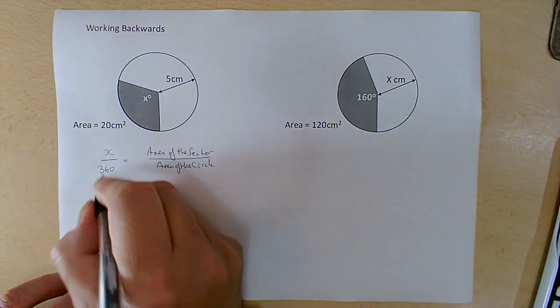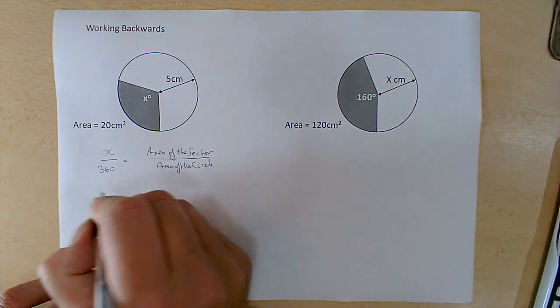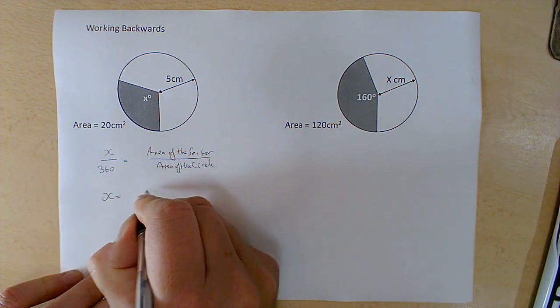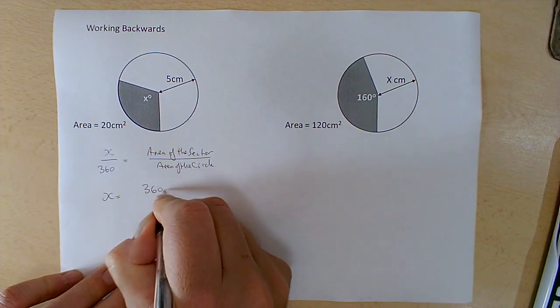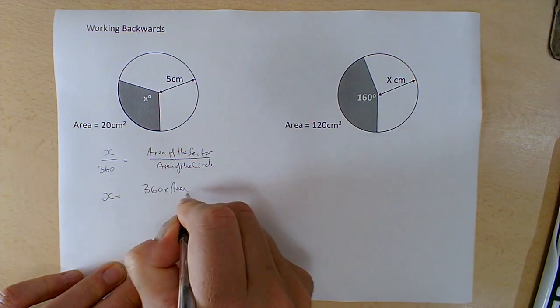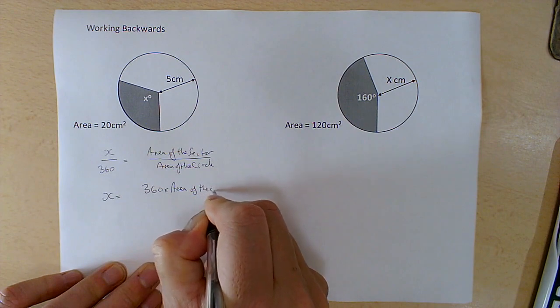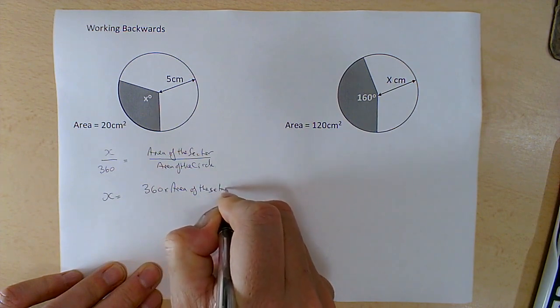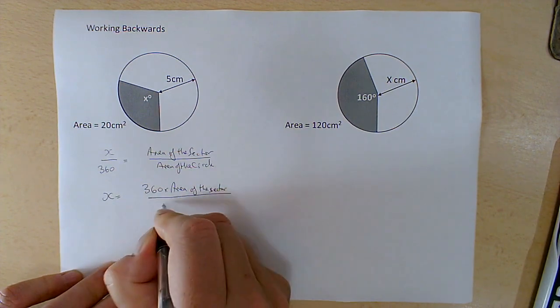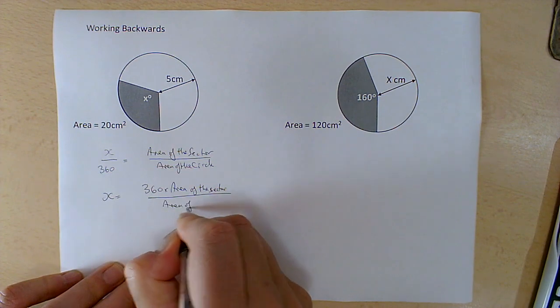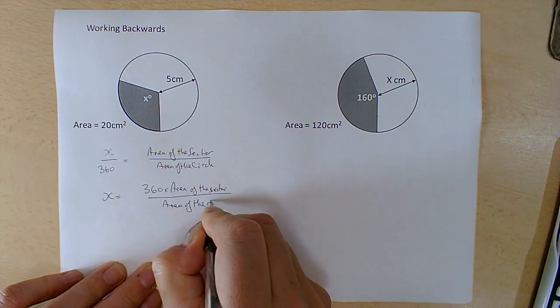And if we rearrange that, multiply both sides by 360, we get x is equal to 360 times the area of the sector divided by the area of the circle.